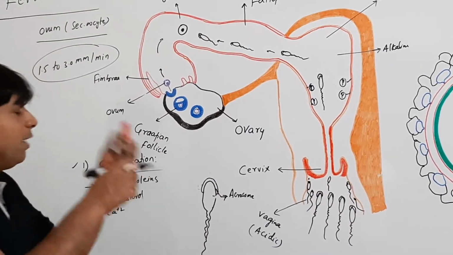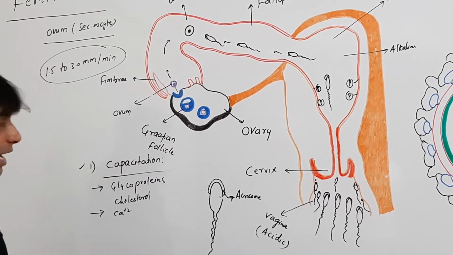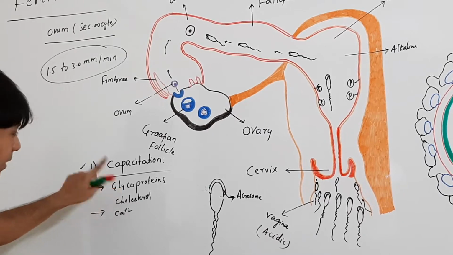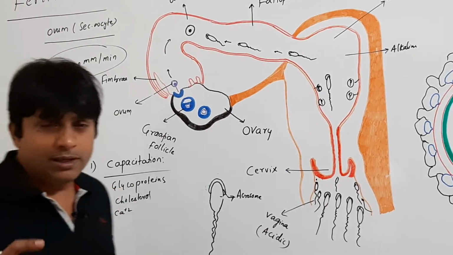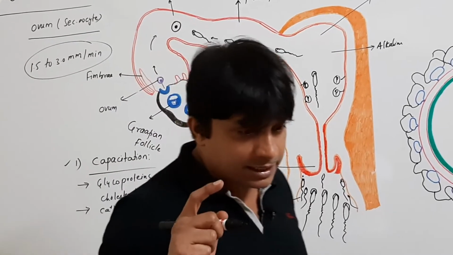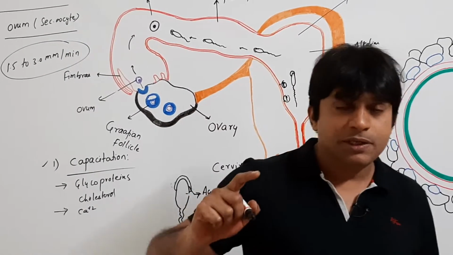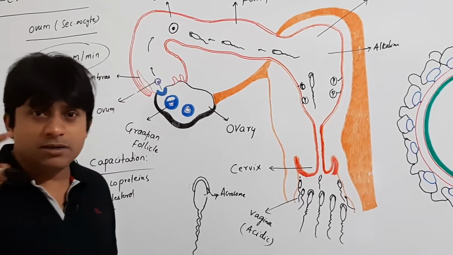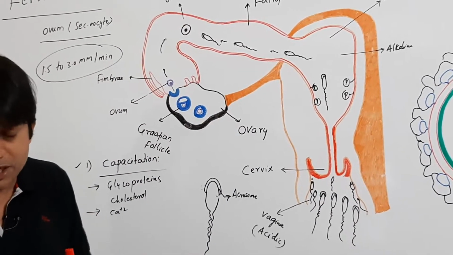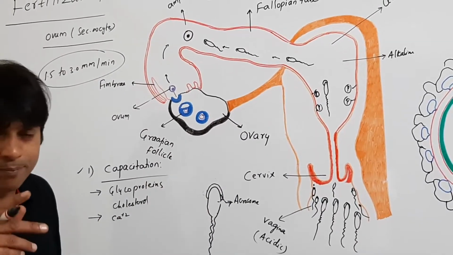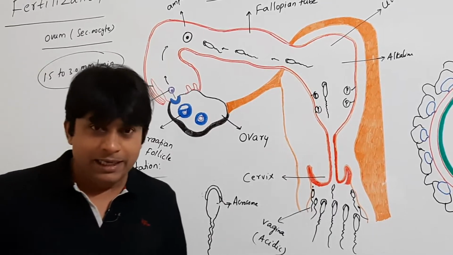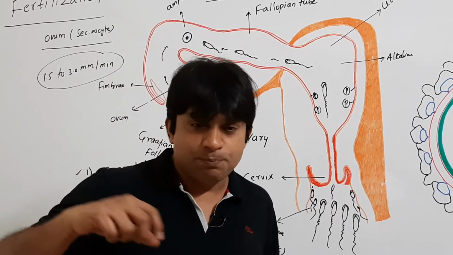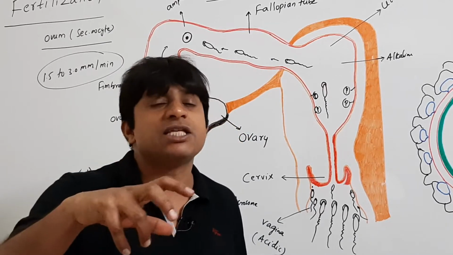So once it enters the female reproductive tract, capacitation of the sperm takes place. Clear? Always remember, only capacitated sperms can fertilize the ovum. If the sperms do not undergo capacitation, fertilization does not happen. That's the reason why in in vitro fertilization, freshly taken sperms cannot fertilize the ovum.